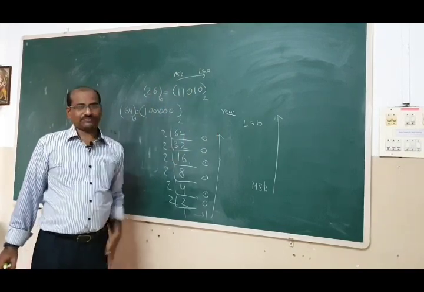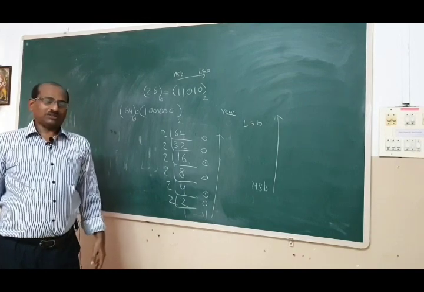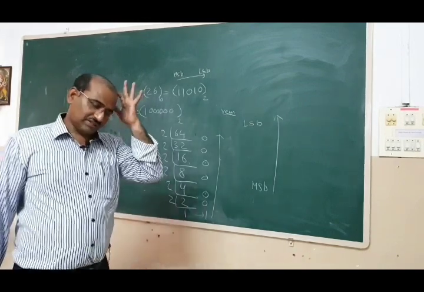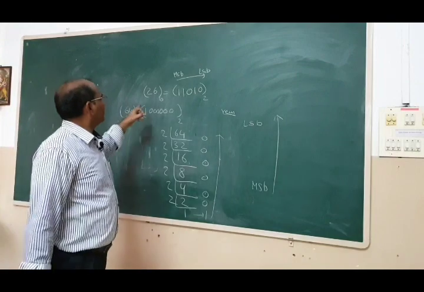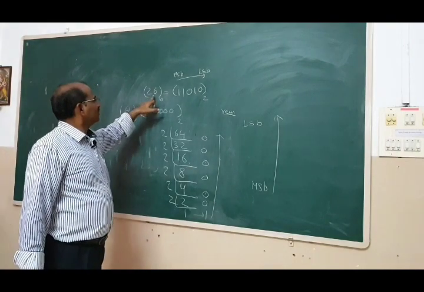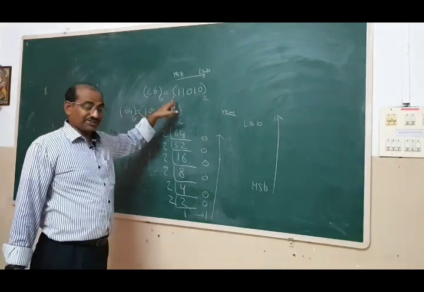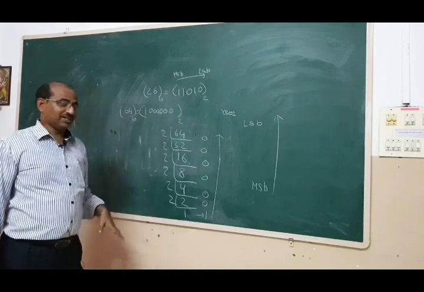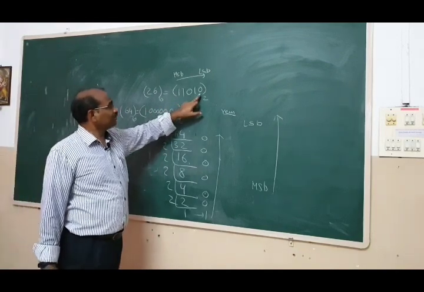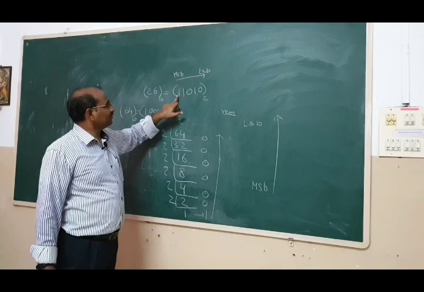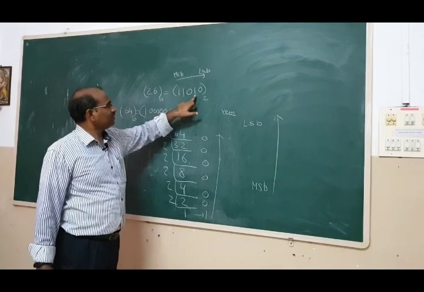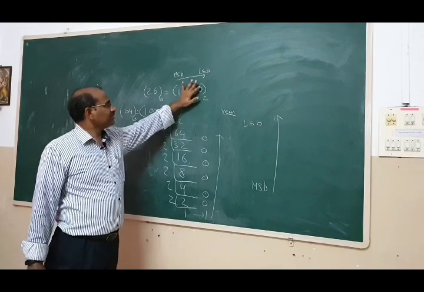And suppose the question is like that: convert a decimal number 26 and show it in 2 nibbles, right? Everything is same. They asked for 2 nibbles. We got the solution as 1 1 0 1 0, and 1 0 1 0 is a nibble.